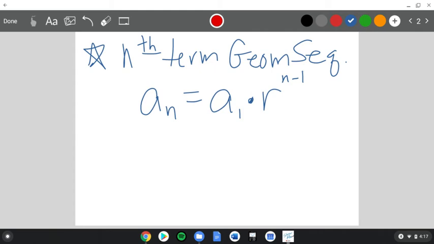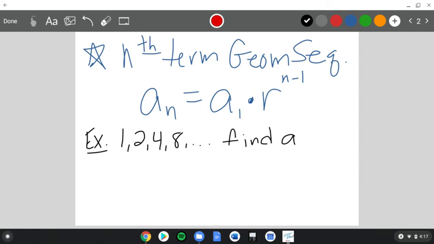So let's try one of these. So that list that we started with, 1, 2, 4, 8. Suppose we want the 20th term. Filling in our formula, we would have a sub 20 is, and our first term is 1, times R, we already figured out, is 2, to the power of n minus 1.